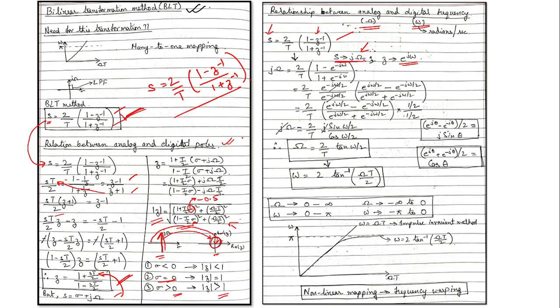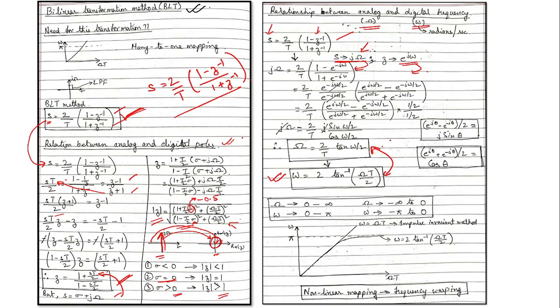Now just place these values and solve it. What we get is an equation, omega equals 2 tan inverse of sigma T by 2, which is equivalent to analog frequency omega equals 2 by T tan of omega by 2.